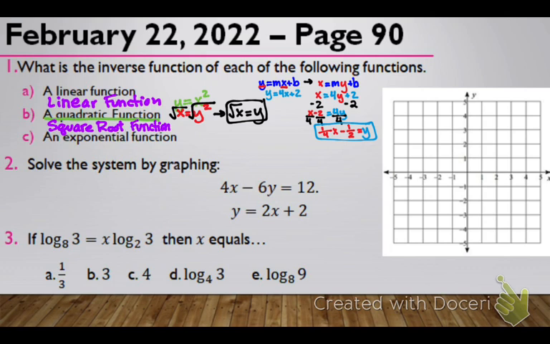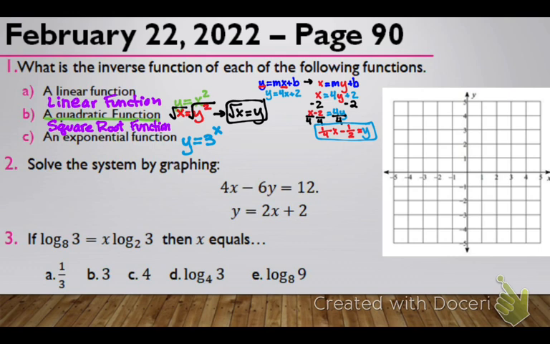What does an exponential function look like? We'd know that we have some number, some base. So y equals a base to the x power. That's our exponential function.